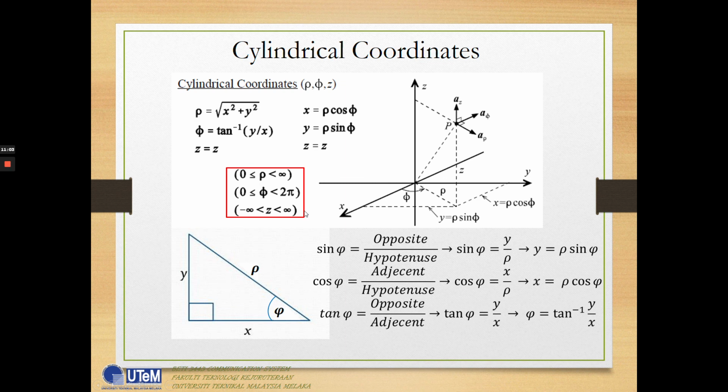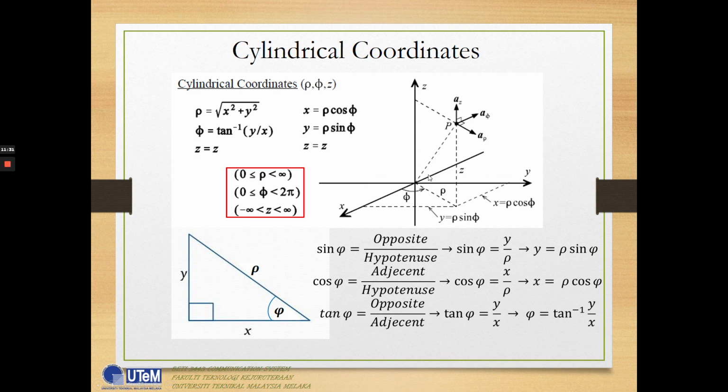However, these things are very important. We usually ignore this type of values. So you have to remember one thing: the value of rho cannot be negative. Remember this one.